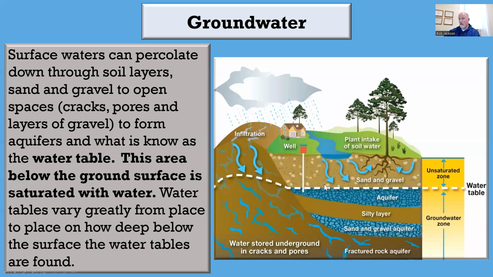Now the actual water table itself is the dividing line between where you have the good storage water down here, good clean water, and up here. The best way to explain how you find that is you start digging with a backhoe. If you live in a place, particularly some lowland areas, and you go to digging with a backhoe and you hit water, well, you hit the water table.